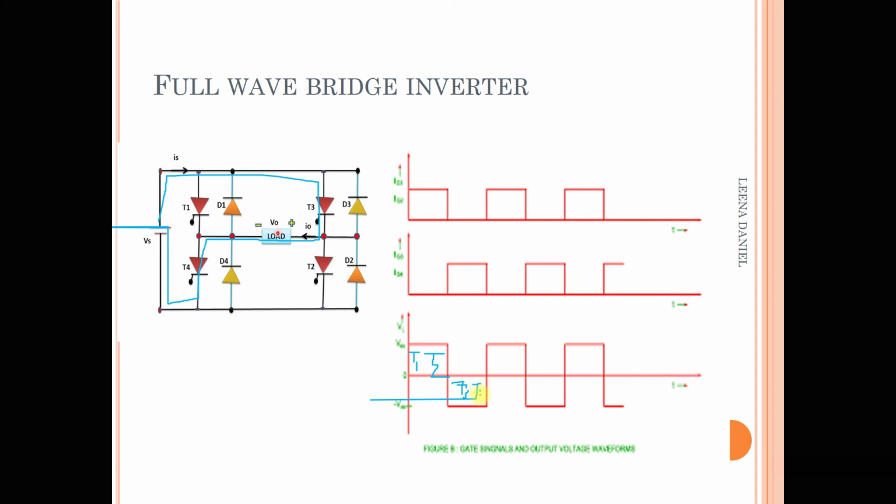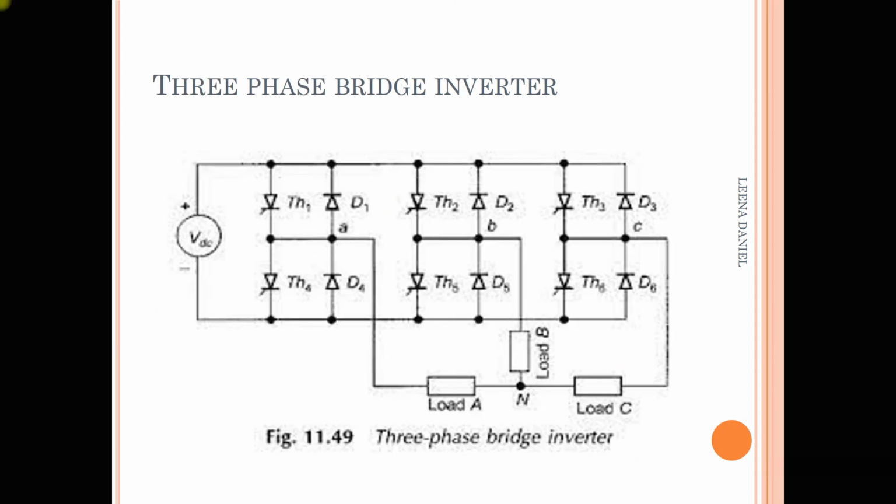Here you can see that the requirement of the 3-wire DC supply, which we used in the half wave bridge inverter, can be eliminated. Here only a simple DC supply can work for converting the DC into AC. So the usage of the 3-wire DC supply can be eliminated by using this full wave bridge inverter.